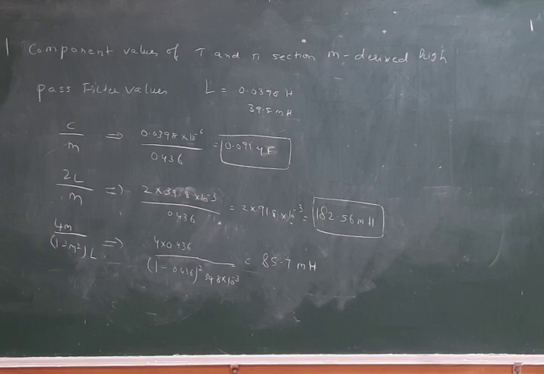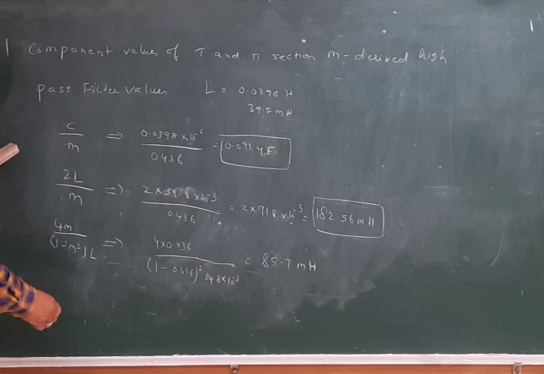Now, for the T section, we will write here. We will find out 2C by m and 2L by m for the T section and pi section. Okay. Now we will write for the T section.